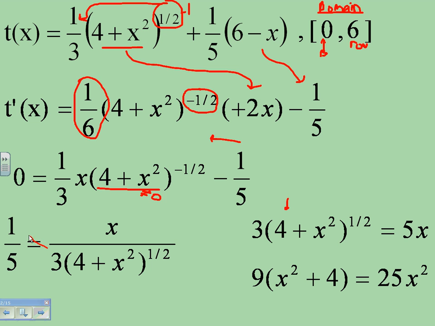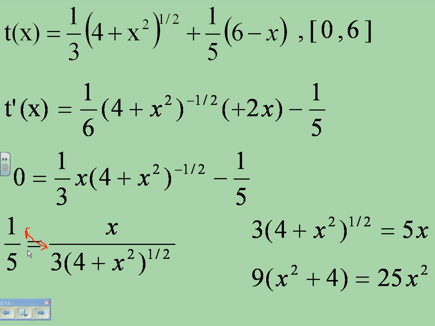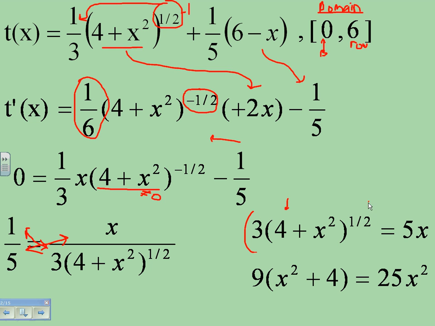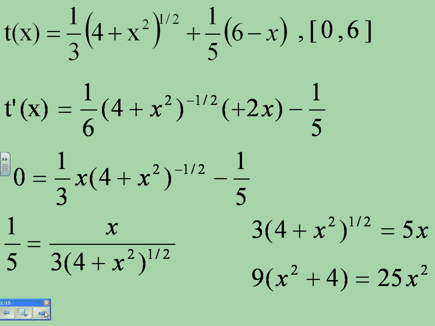So here, on this step, I cross multiplied. On this step, I squared both sides. Okay, squared it. All right, squared both sides. Good. Now distribute and solve. Okay, I'll go back.